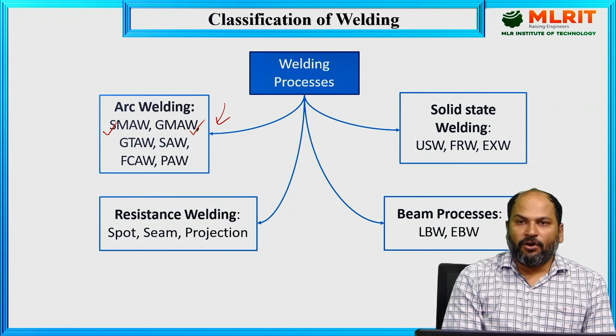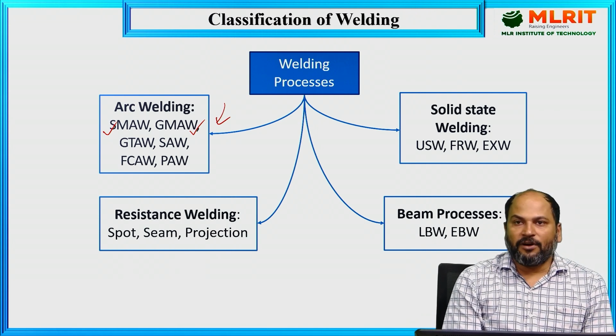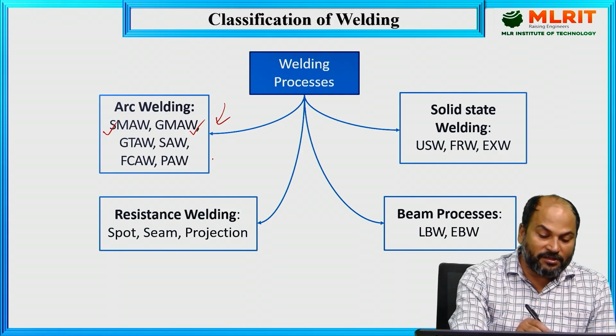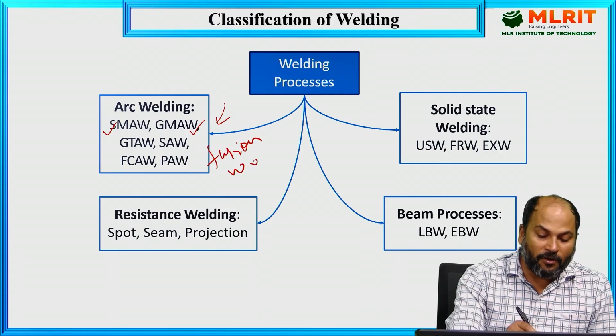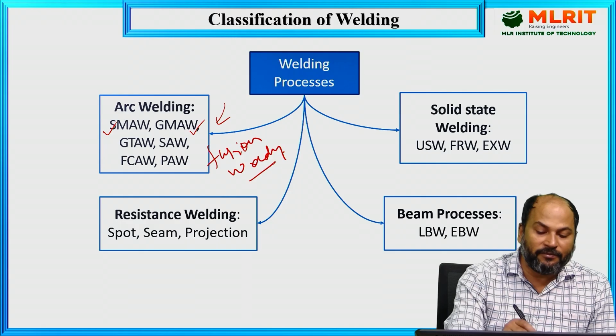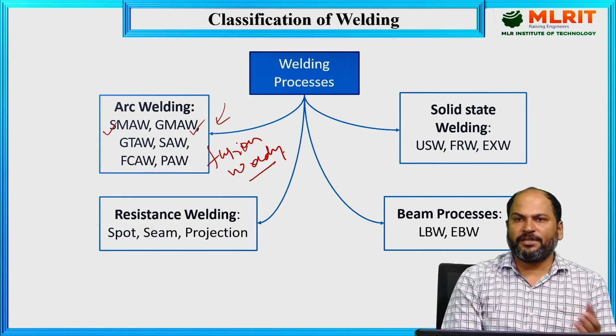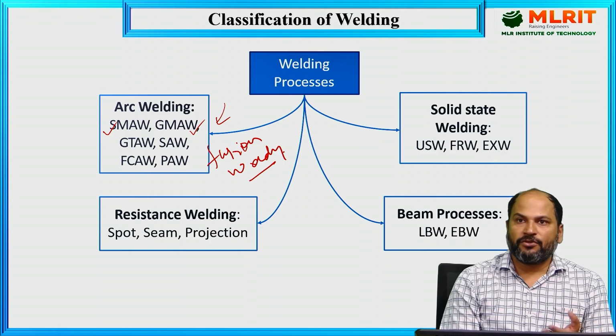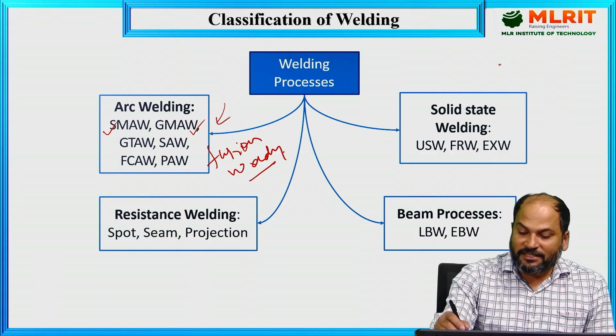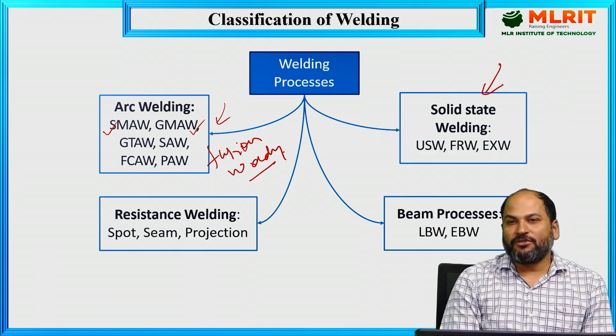So all these arc welding processes come under the category of fusion welding, or liquid welding also. During welding the material is going to change its state from solid to liquid.